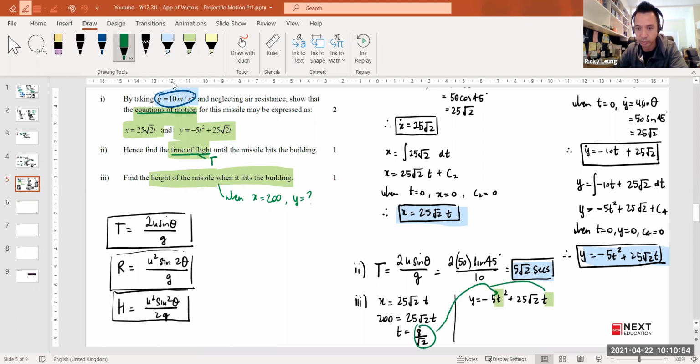So you get minus 5 times 8 on root 2 squared, plus 25 root 2 times 8 on root 2. Now I didn't rationalize that because I know it's going to cancel out. So let's access my calculator here: minus 5 times 64 on 2, root 2 is cancelled out, plus 25 times 8. 40 meters.